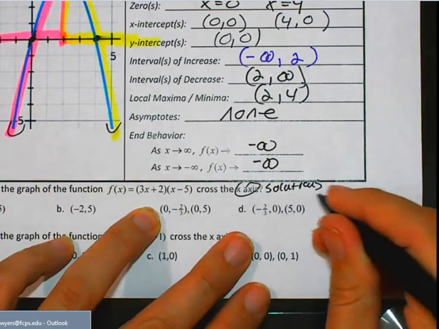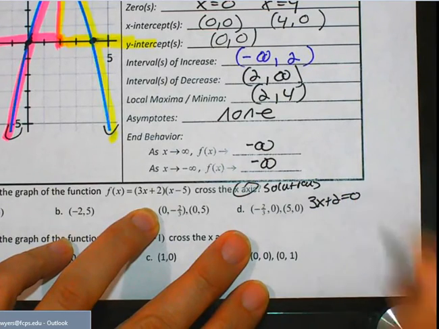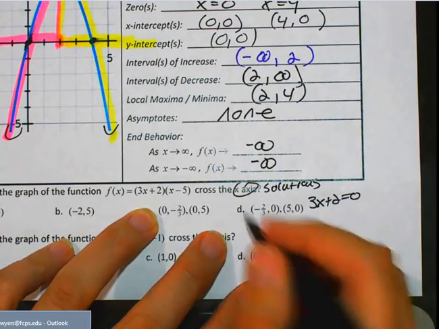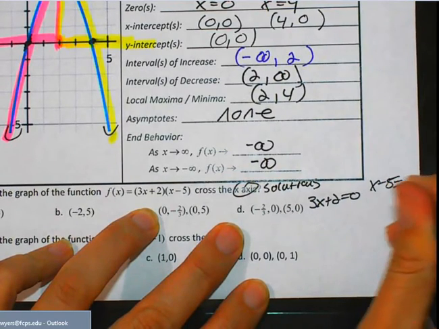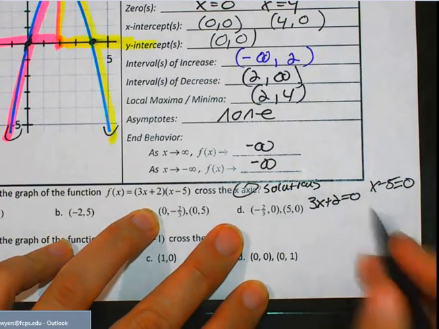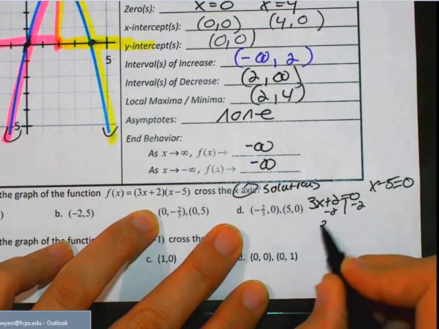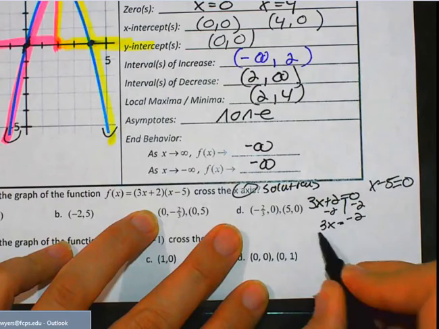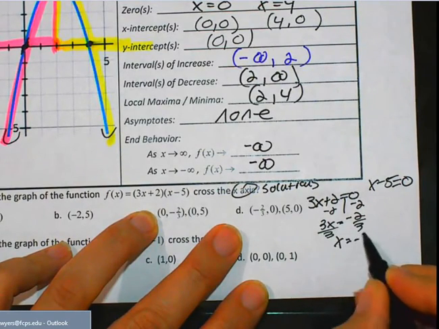So we're going to do 3x plus 2 equals 0, and then we're going to do x minus 5 equals 0 and solve both of those. So for this one, minus 2, 3x equals minus 2, divided by 3, x equals negative 2 over 3.